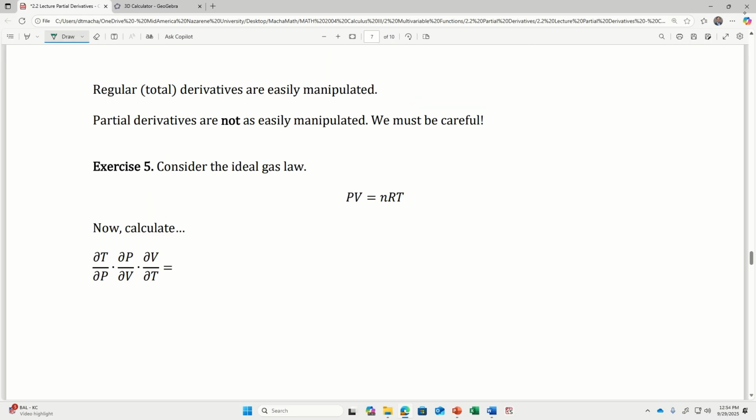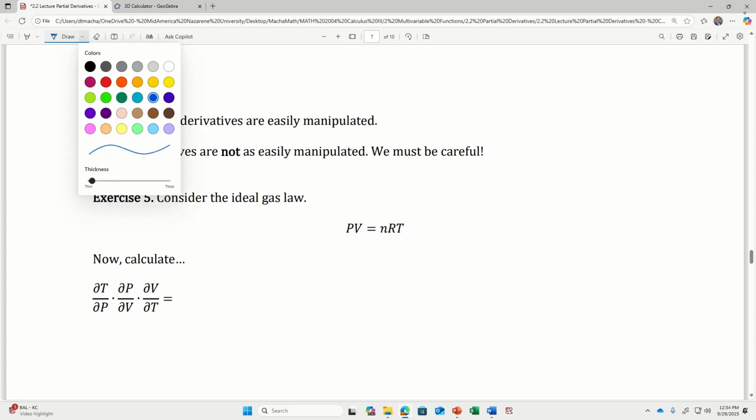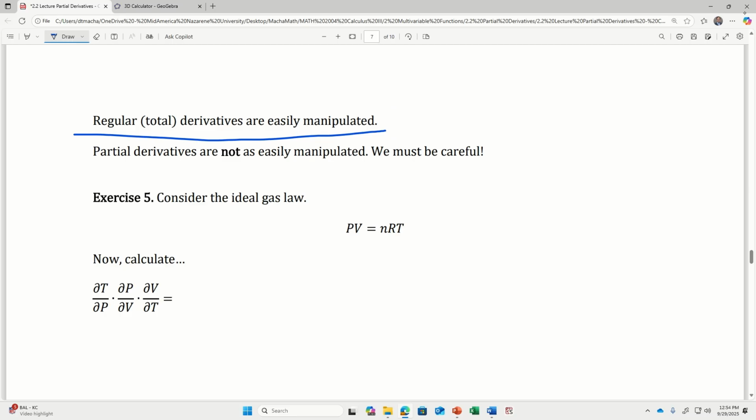So regular derivatives are easily manipulated. What I mean by that is, I'll tell you what I mean by that. Consider the chain rule.